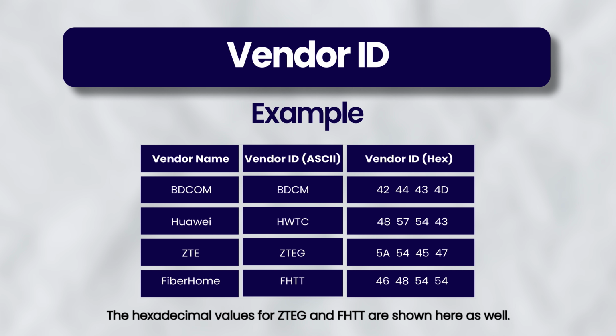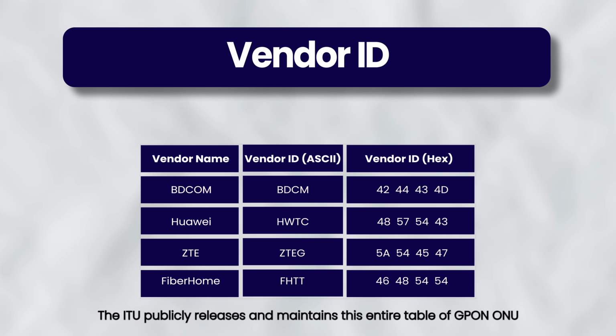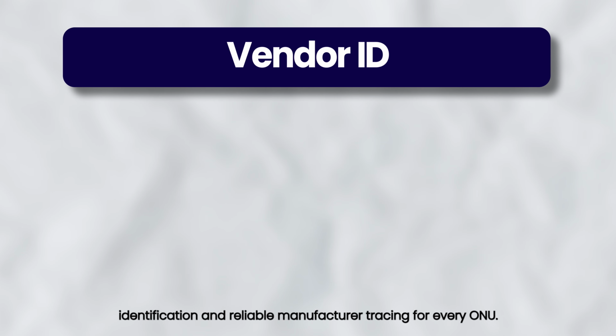The hexadecimal values for ZTEG and FHTT are shown here as well. The ITU publicly releases and maintains this entire table of GPON ONU vendors, and the value is fixed for every vendor, ensuring consistent identification and reliable manufacturer tracing for every ONU.